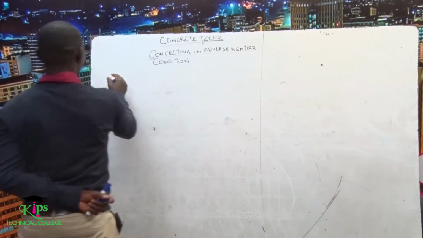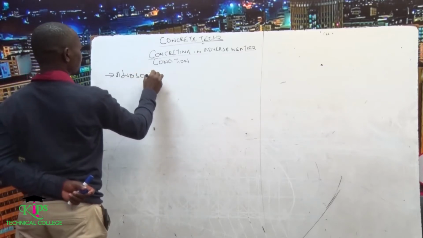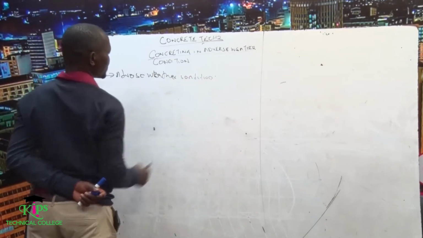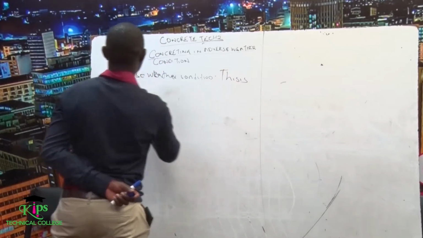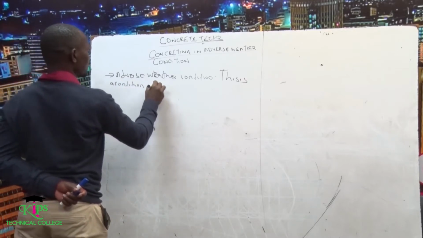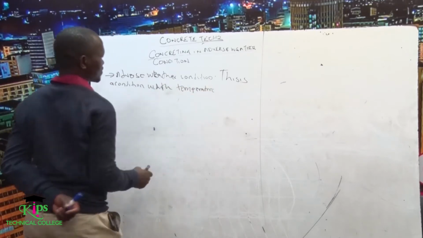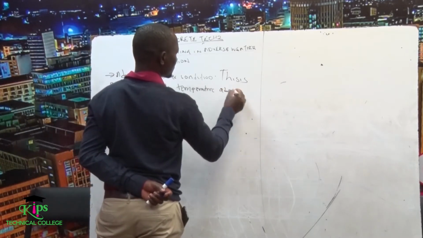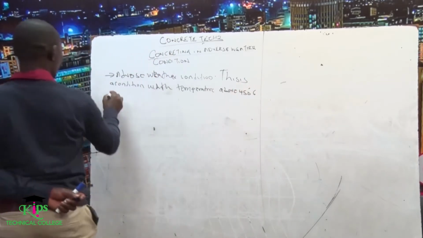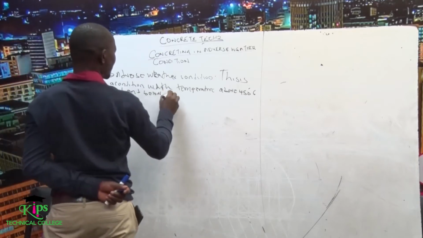When we talk about adverse weather conditions, we say this is a condition with temperature above 45 degrees centigrade and below 1 degree centigrade.